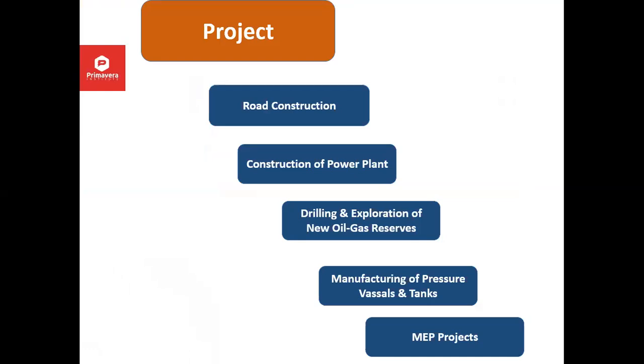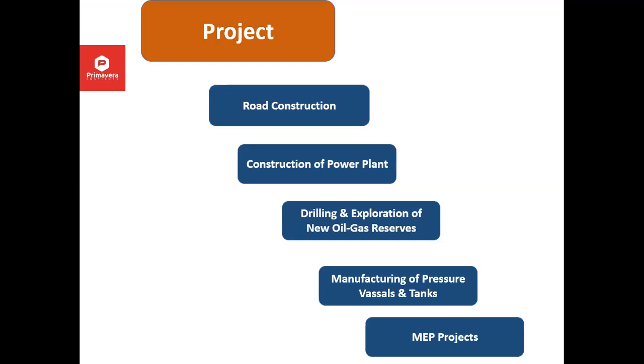I'll give you an example: when you are going to construct a road, that road construction will be considered a project. If you are going to construct a power plant, then it would be considered a project, because for the road or power plant, you are given a start date, finish date, there is a set of tangible deliverables, and there are resources involved while doing that work.